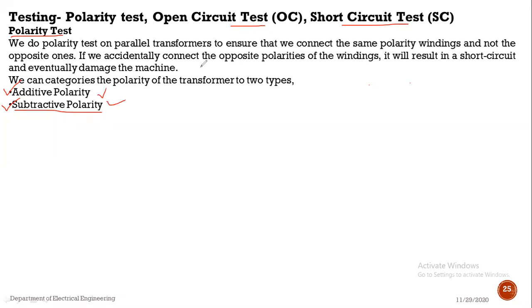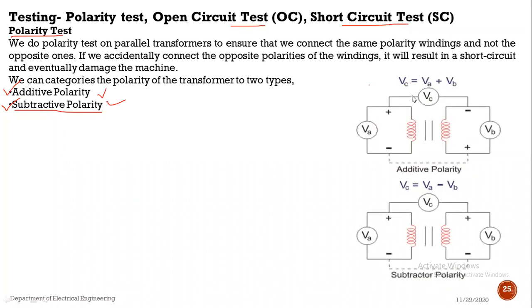Okay, see, in case of additive polarity, this test connection is very simple. या दोन टेस्ट connection very simple आहे. Here these are the transformer primary winding, and this one is the transformer secondary winding.